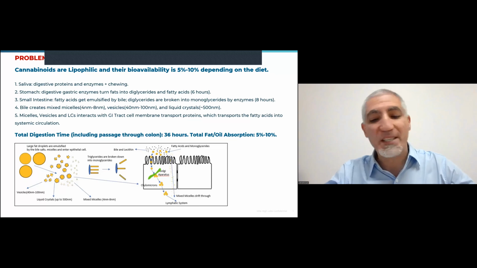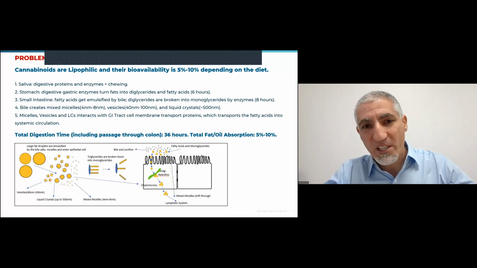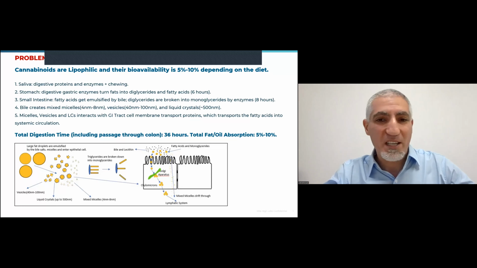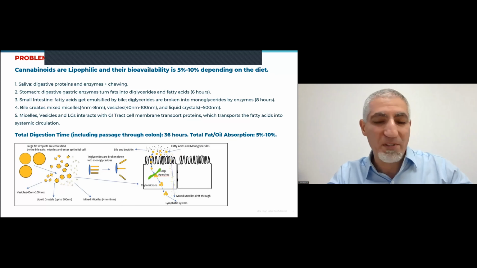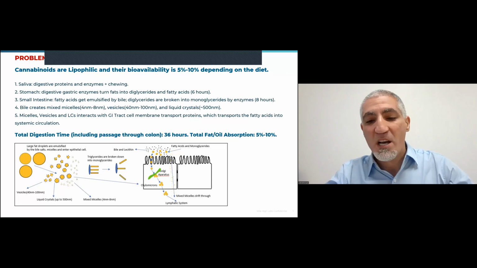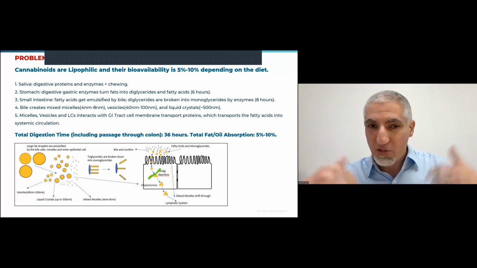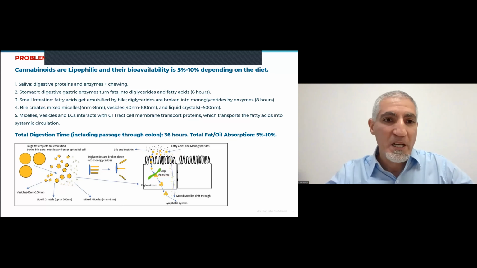Absorption in the stomach is also very little, because only acidic compounds go systemic through the stomach epithelial cell membrane. So lipids usually just drop into the small intestine.